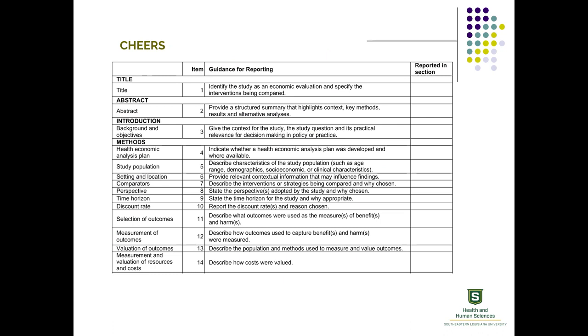Part of it is looking at the title: they want to make sure that the authors have clearly identified the study as an economic evaluation and have specified the interventions being compared. And then in the methods, whether an economic analysis plan has been developed and where it's available. There are a couple of other things to check. There is a way of scoring CHEERS, and that's how you do the appraisal.